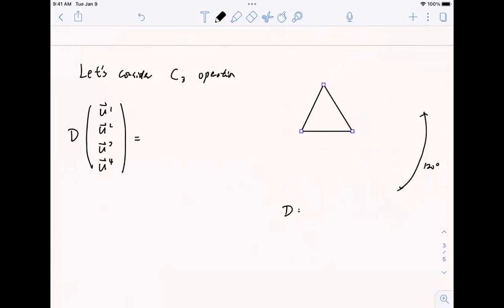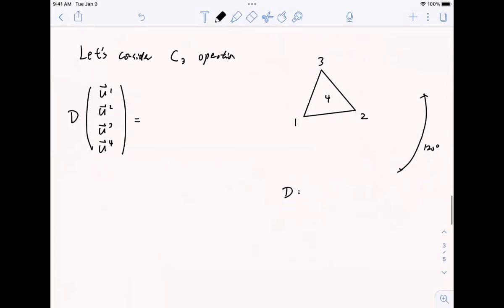Okay, yes. Not very good. Let me do it again. Something like that. So you have 1, 2, 3. Of course, the 4 is in the middle. Now you do a 120 degree rotation.